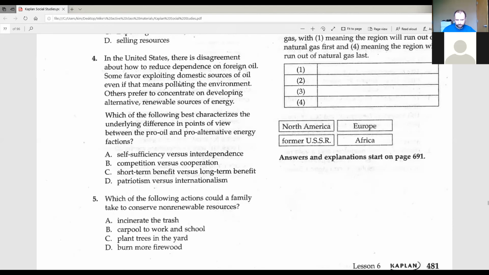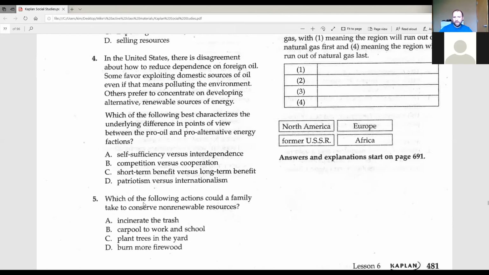So, the first two I'd probably get rid of. Patriotism versus internationalism. This is not an issue of patriotism, right? And it's not an issue of internationalism, because both sides are saying they don't want to be dependent on foreign oil.